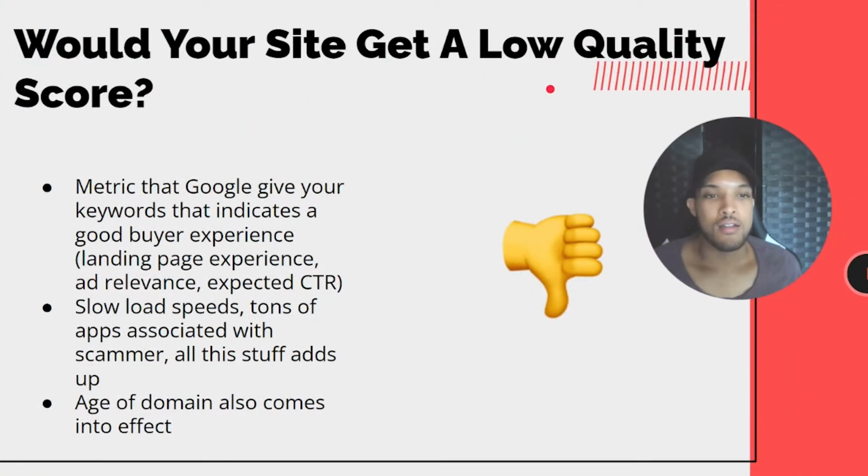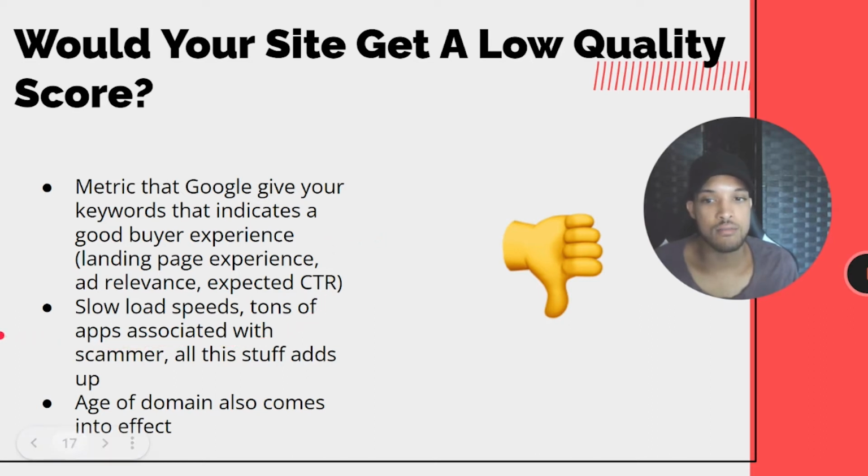Also, another big thing that Google looks into is essentially a quality score. Essentially, when they see your ads, do people expect to click through on your actual ad? How people actually interact on your actual site, and how much you're actually bidding. These are all quality score metrics that Google has. So, would your site actually get a good quality score when you think about it?